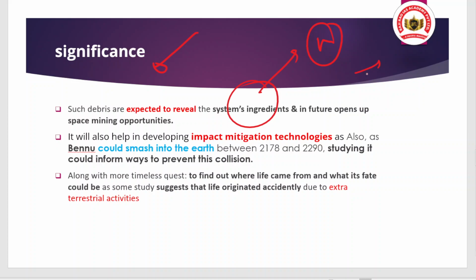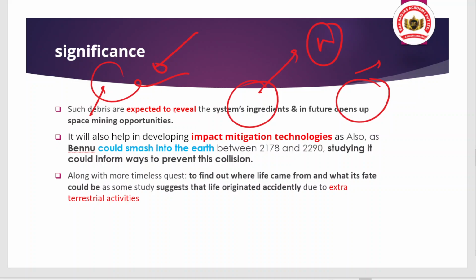All our solar system and these asteroids are parts and parcel of similar material constituents, so you have to remember all these. Also, in the future it may open up space mining opportunities, because these types of samples contain various significant minerals. So maybe in the future, when the Earth lacks resources, we may have to go to space to collect resources. There can be a probable opportunity for this.